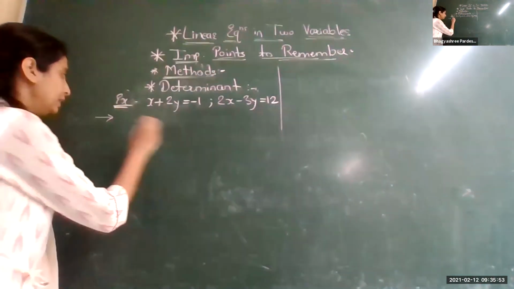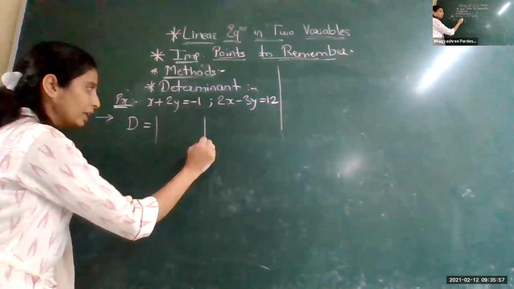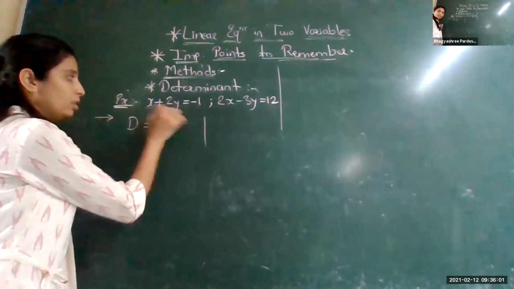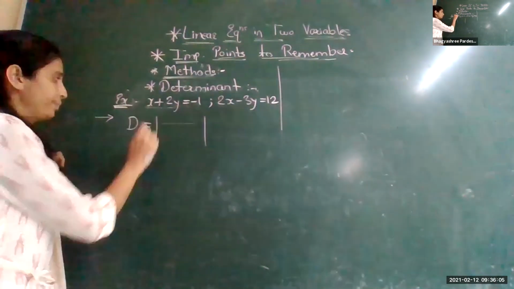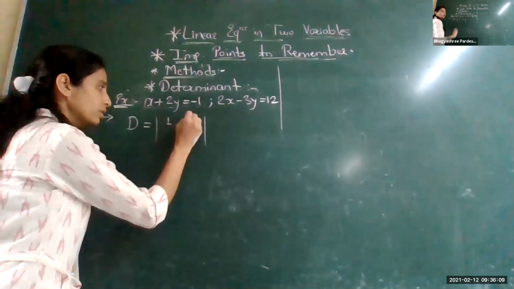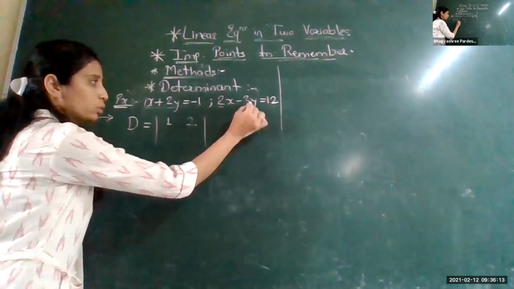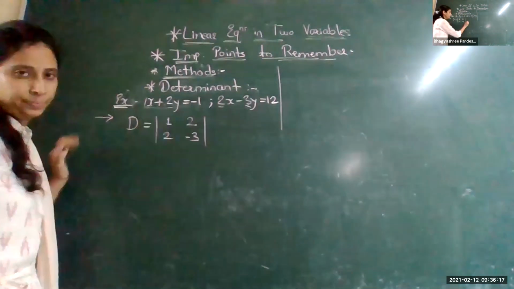Firstly, let's write down D. In D, in the first row, from the first equation, the coefficients of x and y. The coefficient of x here is 1, here is 2. The next equation, that is 2, minus 3. So we have written D.